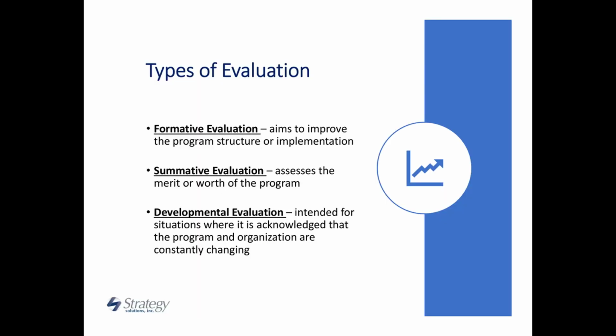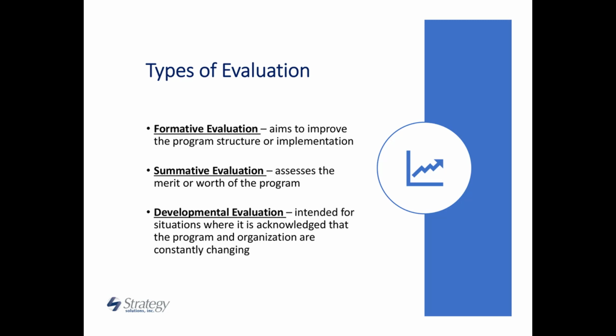Now, there are 3 types of evaluation, and you might be doing different types of things related to evaluation depending on where the program is. So there's formative evaluation, which aims to improve the program structure or implementation. Summative evaluation, which assesses the merit or the worth of the program. Is it worth it for us to do this because we've gotten some outcome?